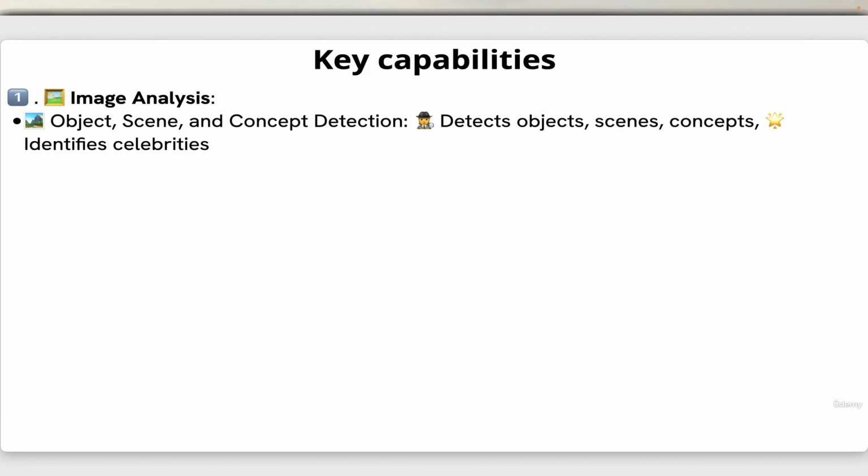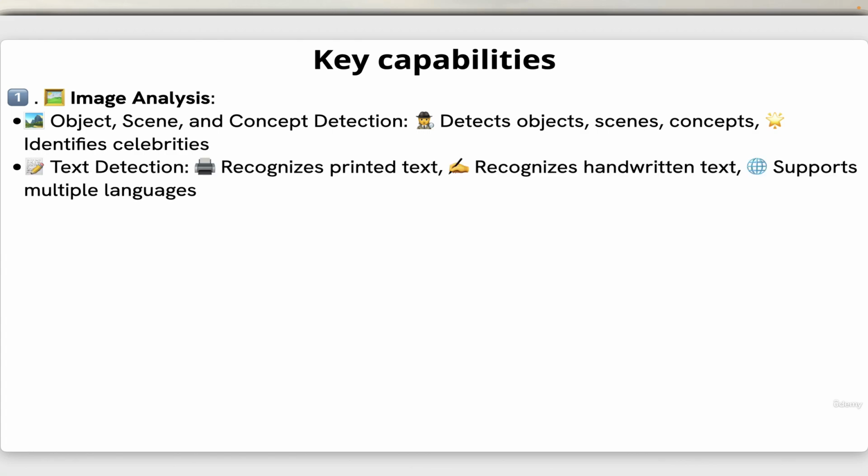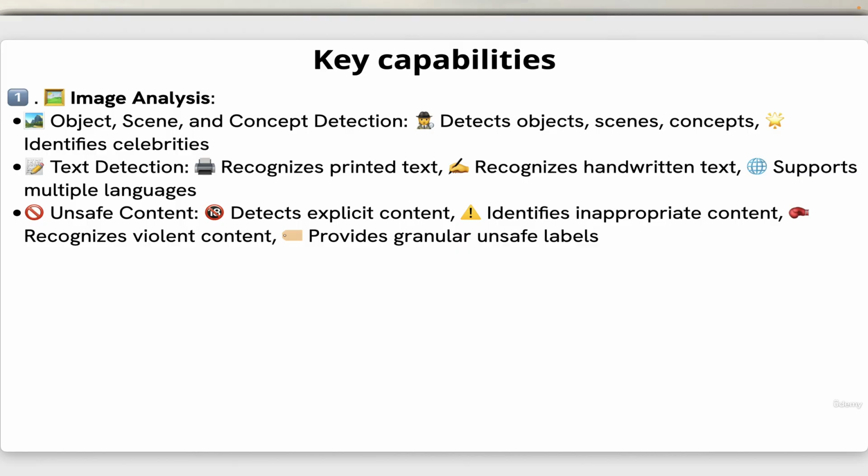So first we have object, scene and concept detection. This detects and classifies objects, scenes, concepts and celebrities in images. Next we have text detection. This detects and recognizes printed and handwritten text in images in a variety of languages. Unsafe content: detect and filter explicit, inappropriate and violent content in images.